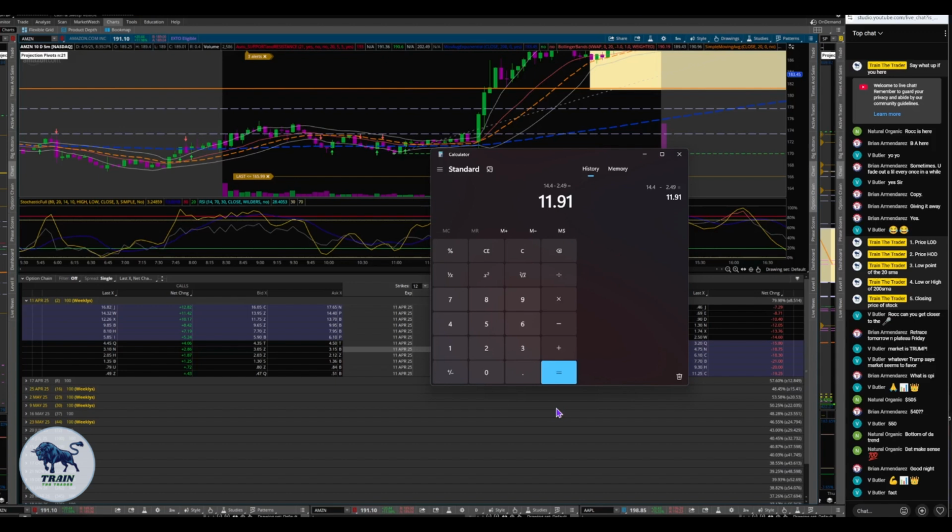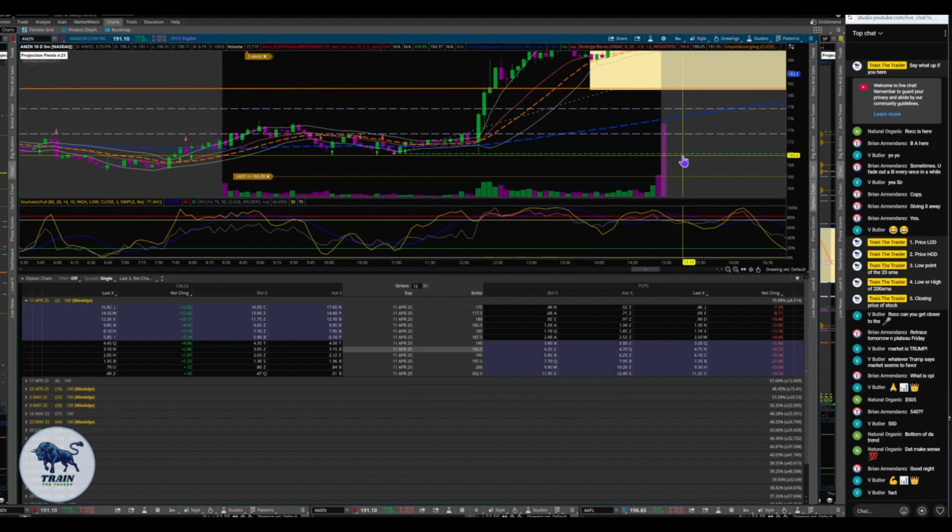Target hit, goal hit. Happy on the day with the performance. Couldn't have predicted that, but that just goes to show you the power of the market, man. Like how much money you can actually make in this market. It really does. But man, oh man.